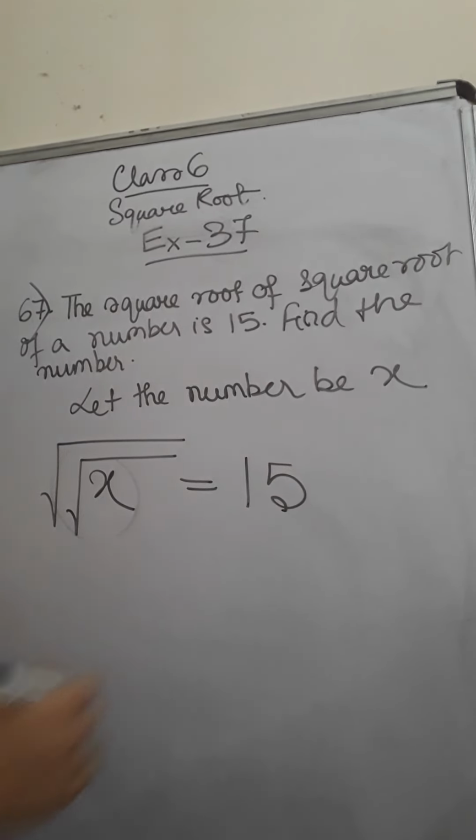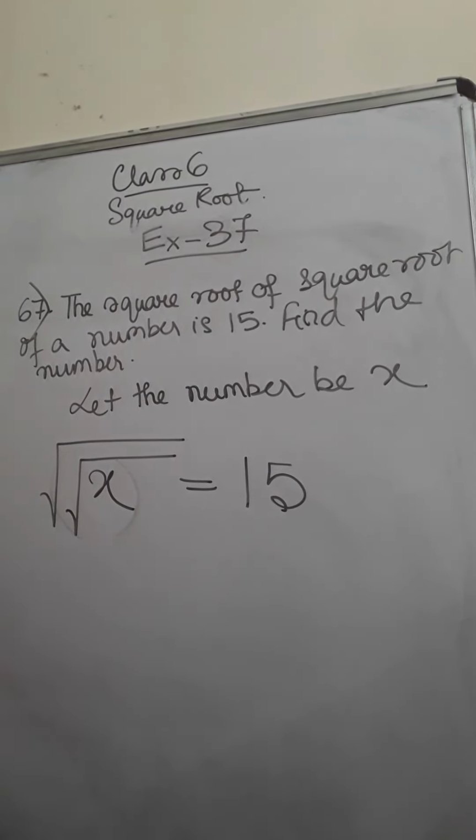This is the equation which we can get from the question. So there is an unknown number, we have taken it as x, and it is given that the square root of the number is 15. Now we have to find the unknown number.